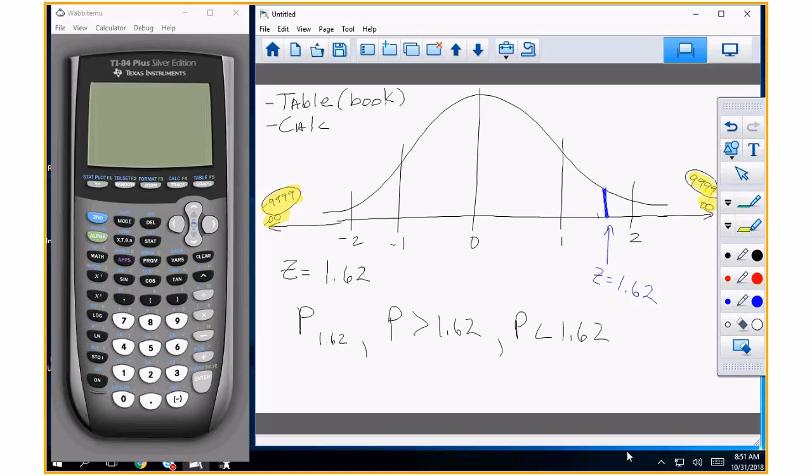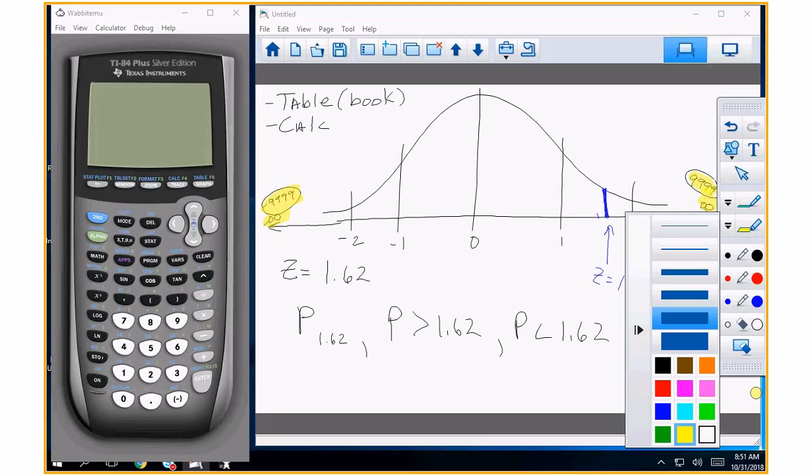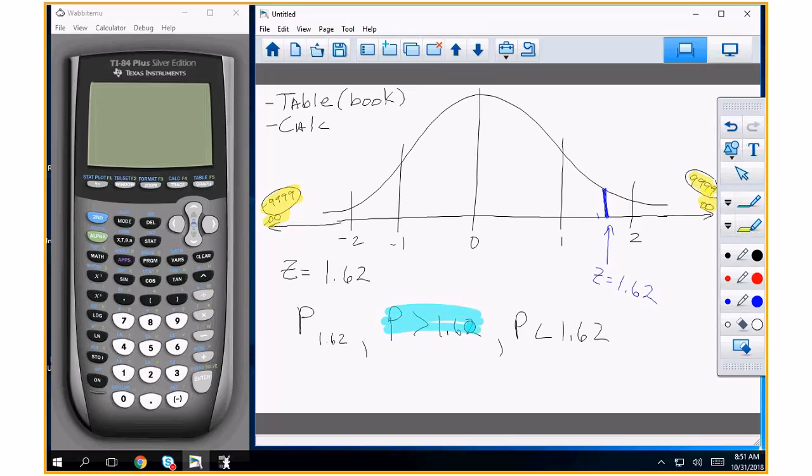The left side of the blue line, and then the what? The right side of the blue line. So let's take our handy dandy aquamarine, and what is greater than 1.62? I know, but what side? Right side. Good job. You're on the ball. So that'll be that area.